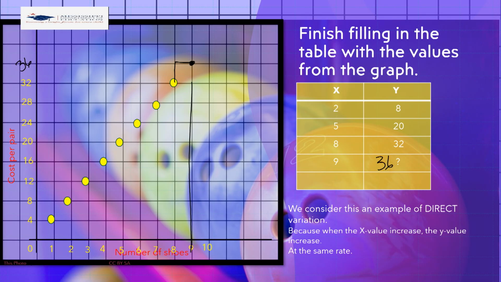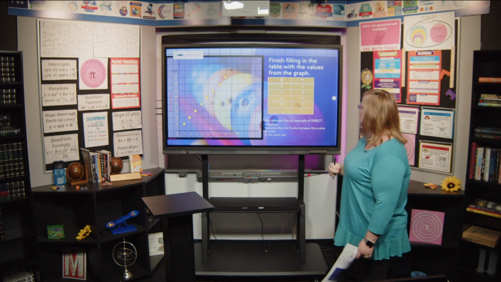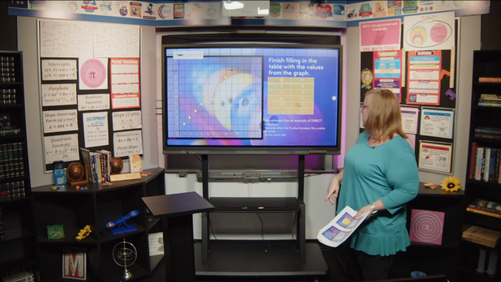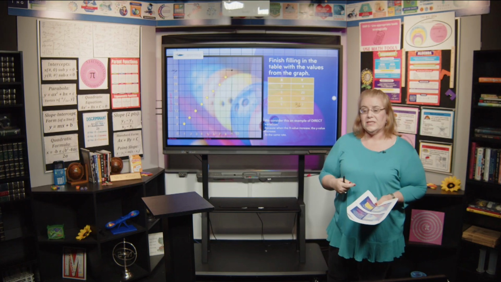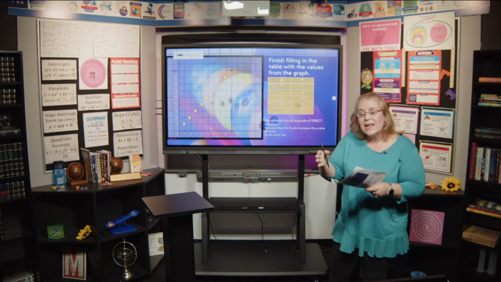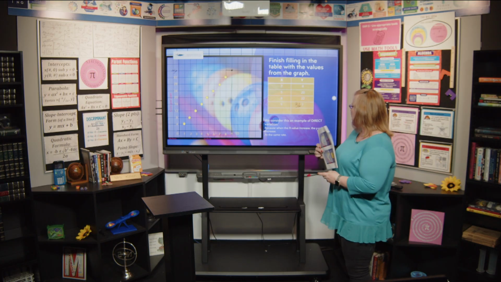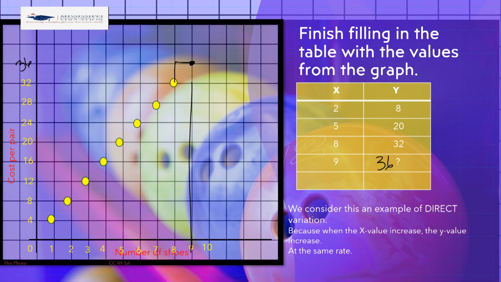That's exactly right. We consider this an example of direct variation. Because our x values are increasing, our y values are increasing. So that's that direct variation. Good job. It is also changing at that same rate. We want to make sure that when we are looking at this direct variation, we have that exact same rate for both of them.